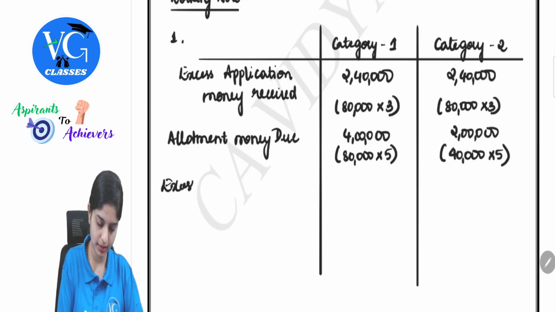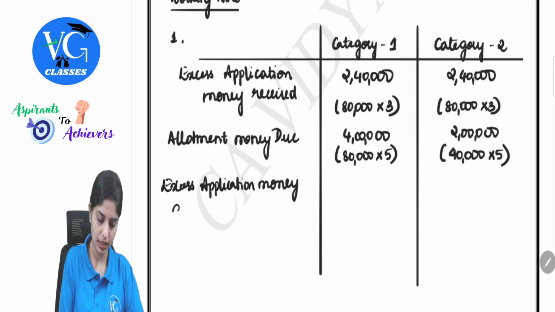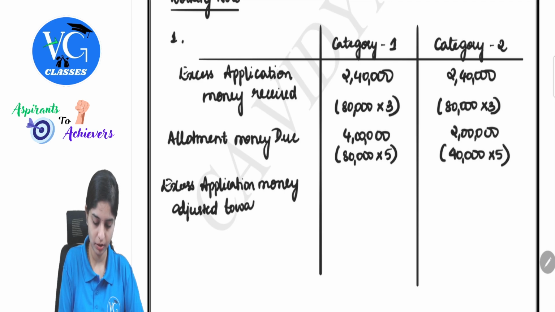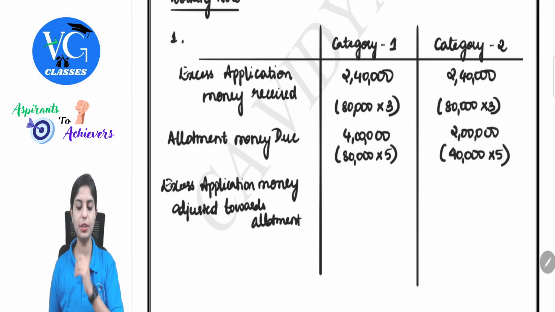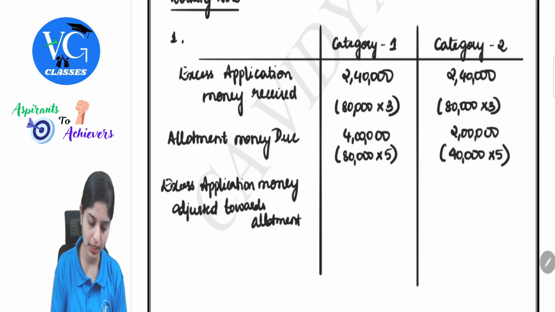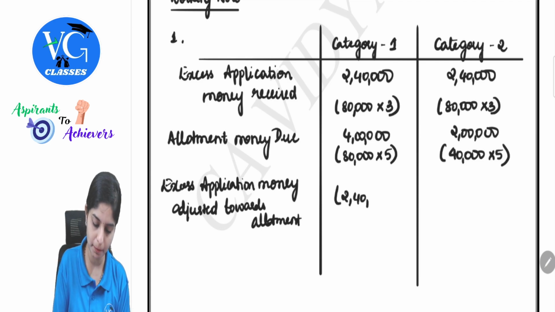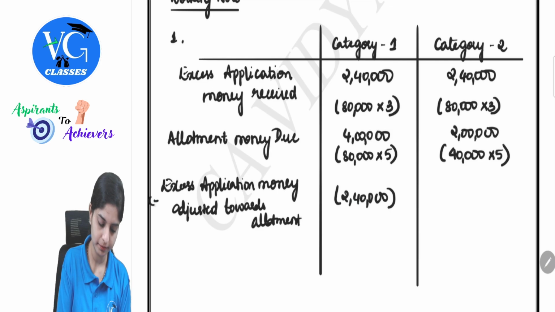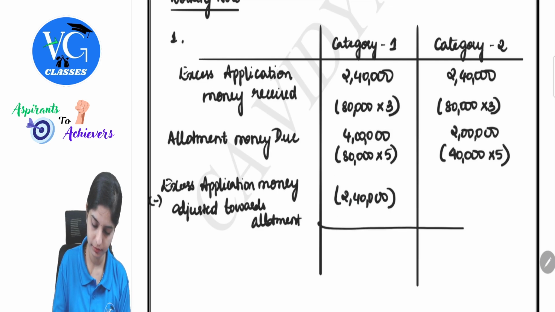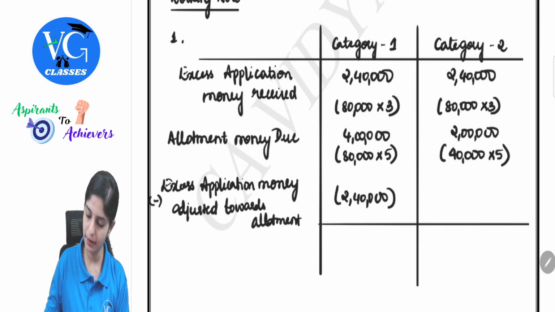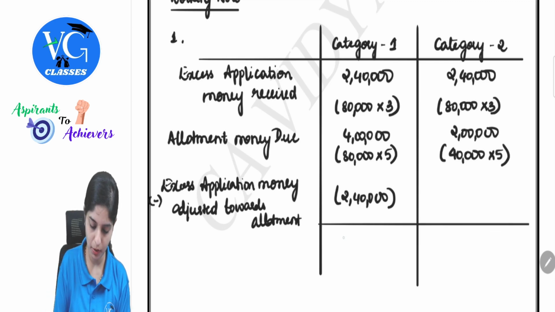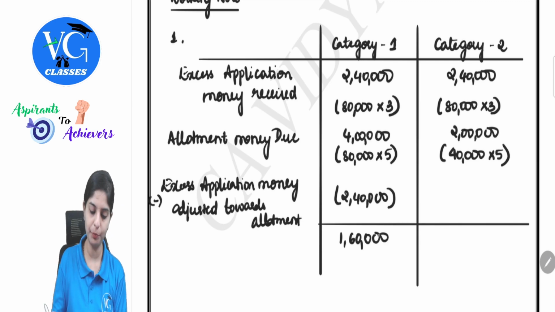Now excess application money adjusted towards allotment. Allotment money due is 4 lakh. Excess application money is available at 2 lakh 40. So completely we will utilize 4 lakh minus 2 lakh 40. This will be 1 lakh 60 still due.